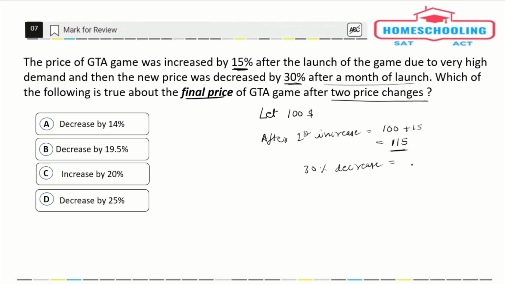So we will take this price, 115, and as we have read in the basics, if there is a 30% decrease, we will multiply it by 70%, because 30% is decrease, so that would be 70%. So we can say that 115 into 70 by 100.